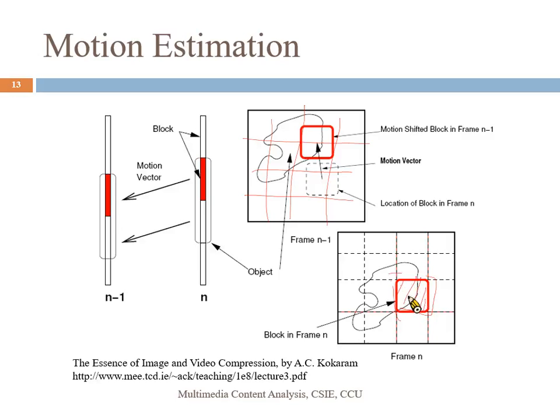If we can accurately find this, we will know that this patch was originally here, and then at the next frame this patch moved to this position. So by that we can estimate the motion vector, which is usually represented as the direction and the magnitude of the movement.